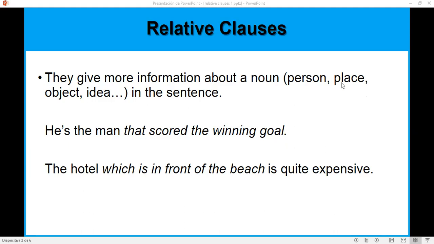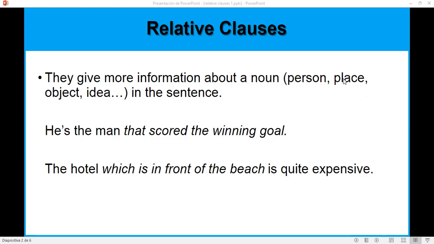Just the topic. Okay, they give more information about a noun, a person, okay? Or the second one, the hotel which is in front of the beach is quite expensive. Okay, so look at the first sentence and look at the second sentence.